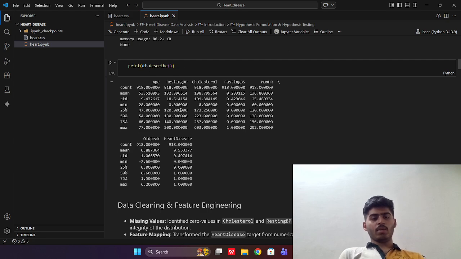DataFrame.describe shows you some basic information about this dataset.